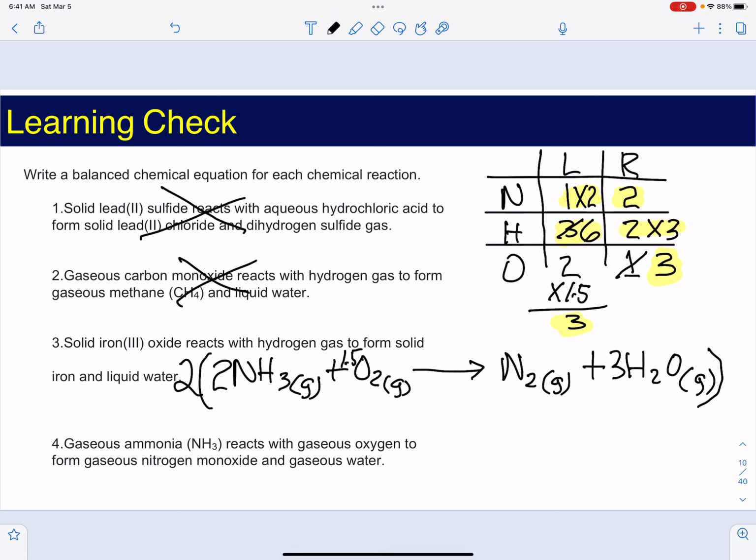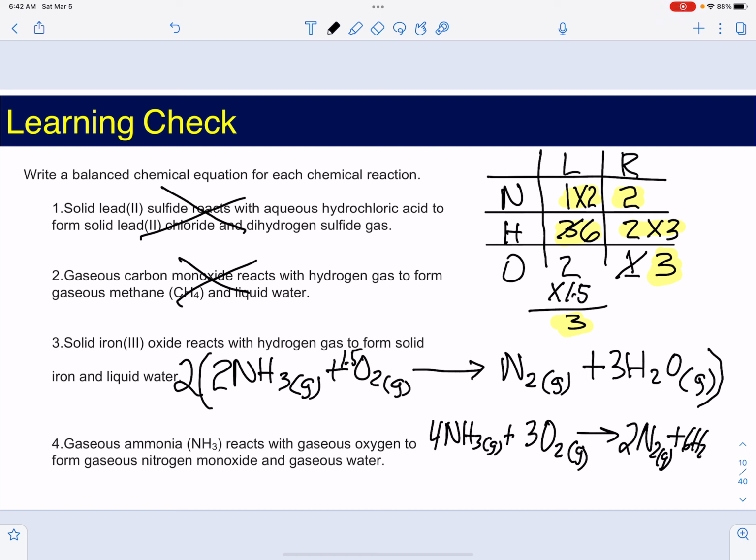I'm gonna get 4 ammonias, which are gas, reacting with 3 oxygens, 2 times 1.5, which is also a gas, producing 2 nitrogens, which is a gas, and 6 waters. So to get rid of the 1.5, everything was multiplied by 2.